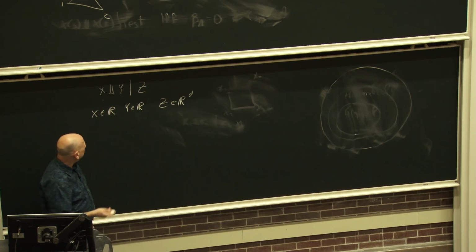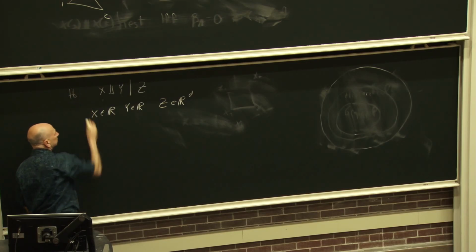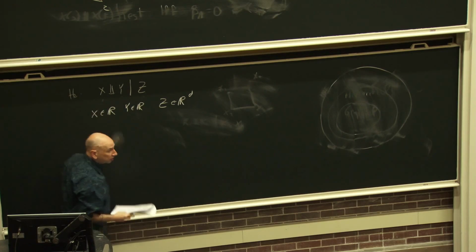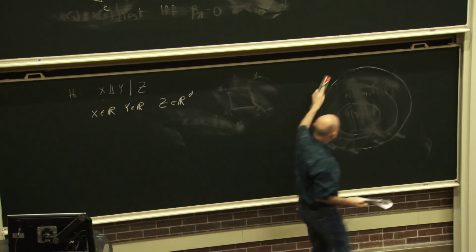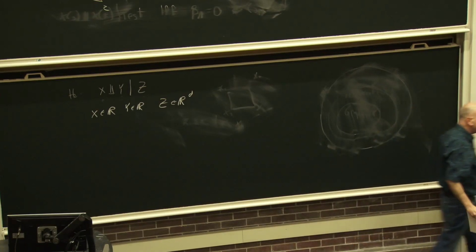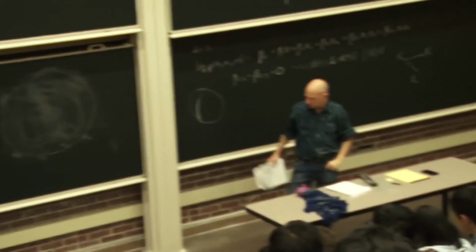Now I want to know, how do I test this null hypothesis that they're conditionally independent? There are tests out there, I should tell you, but in a lot of cases it's not clear what they're assuming and when they work and so on. That's why there's a lot of research going on about this.